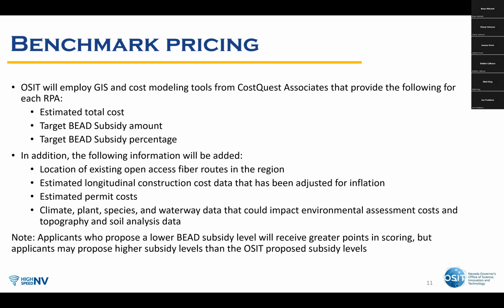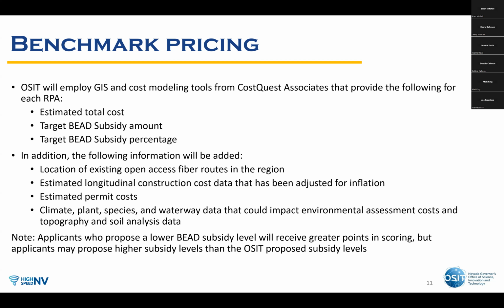An applicant that proposes higher than that amount will get fewer points in scoring of the cost. The purpose being just to provide a fair way that can be applied the same to every applicant for scoring the cost that is proposed.